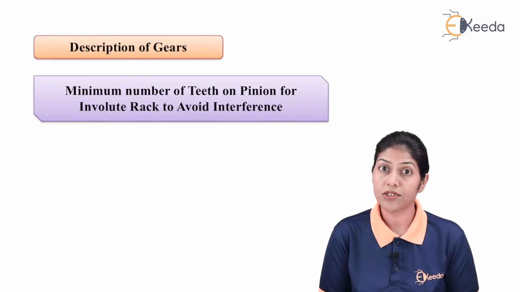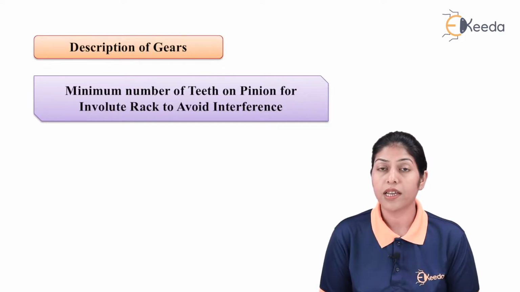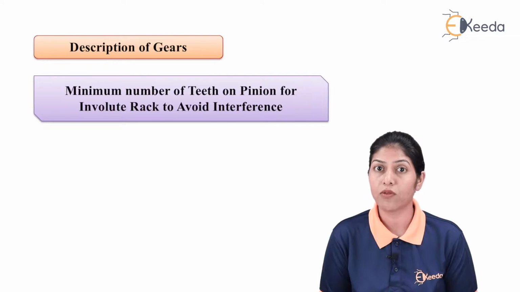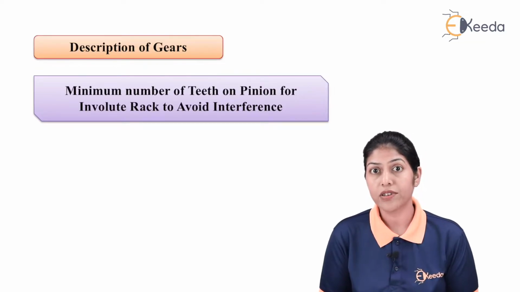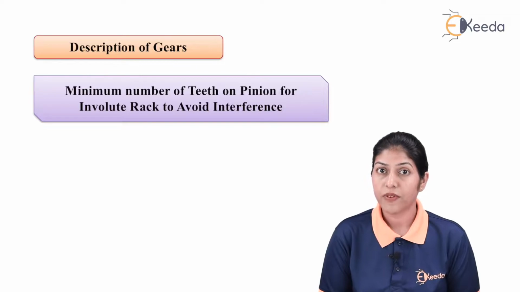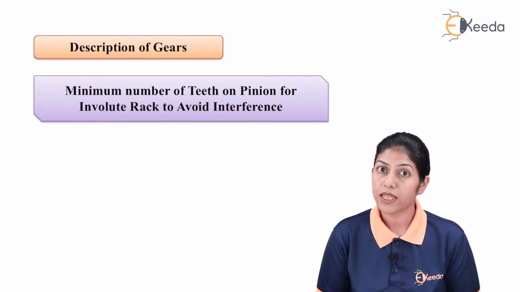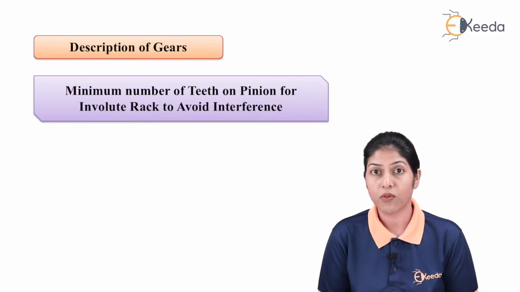Now, let's consider the condition of interference when the teeth of the rack and the teeth of the pinion are in meshing condition. How can we avoid interference? See, if we consider two wheels, one representing the pinion gear and another representing the driven gear, that is the wheel, then with the help of addendum circle diameters we can define the condition by which we can avoid interference.